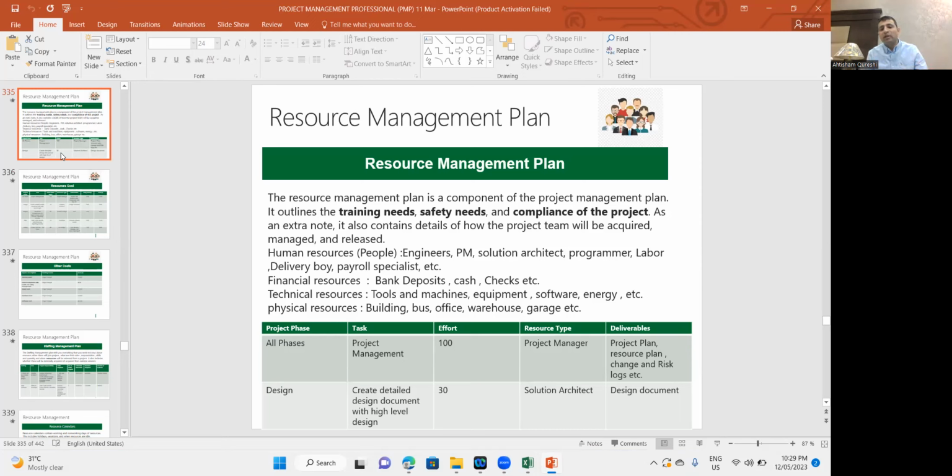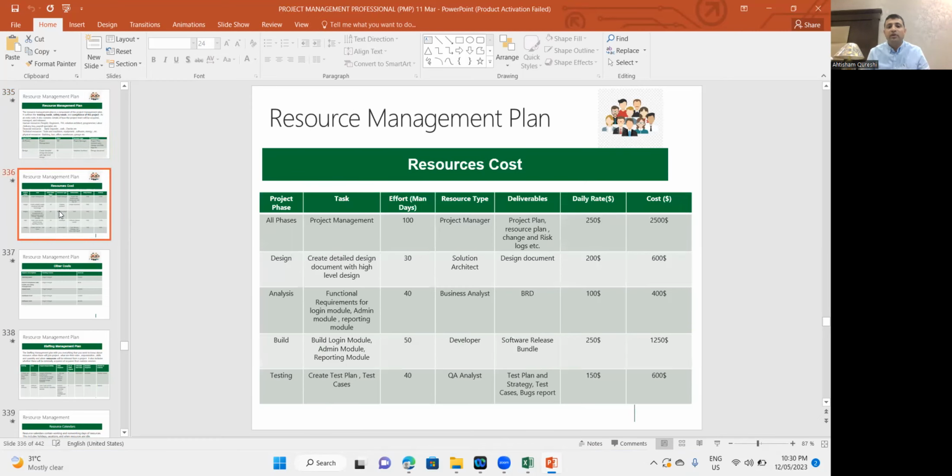Here you talk about your project phases. For each phase of your project, during your design phase, analysis phase, build phase, testing phase, what kind of tasks there are, what type of resource you need, and then what will be the output of that resource.